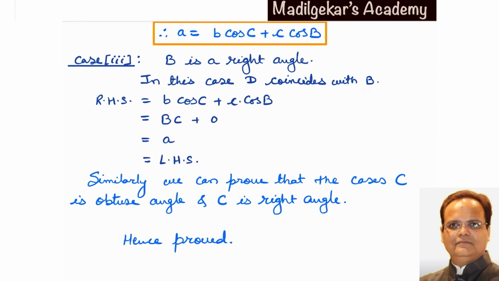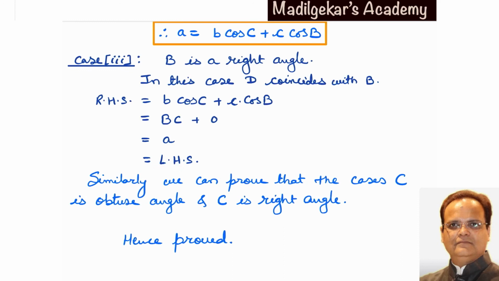Consider the RHS, b cos C plus c cos B. As B is 90 degrees, cos of 90 degrees is 0. So it gives b cos C, which is BC. But BC means a, which is the LHS.